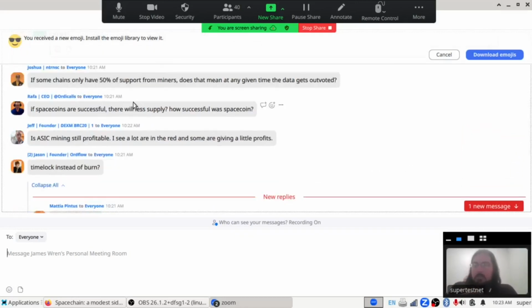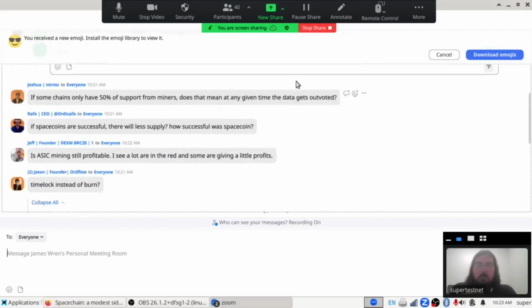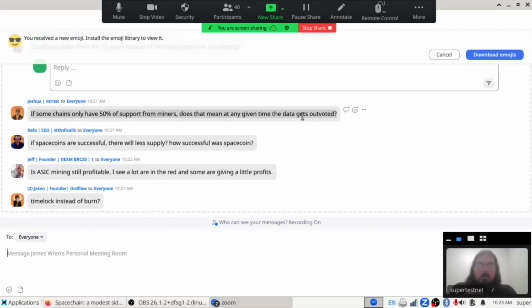If some chains have only 50% of support from miners, does that mean at any given time the data gets outvoted? So, yes, I think the answer is yes. What can happen on one of these merge-mined sidechains is that you take a hash of a sidechain block and put it into Bitcoin. For a few blocks in Bitcoin, there are no blocks built on top of that.